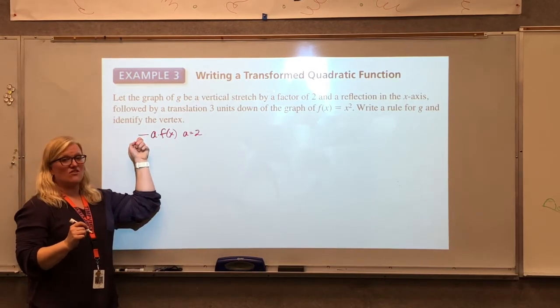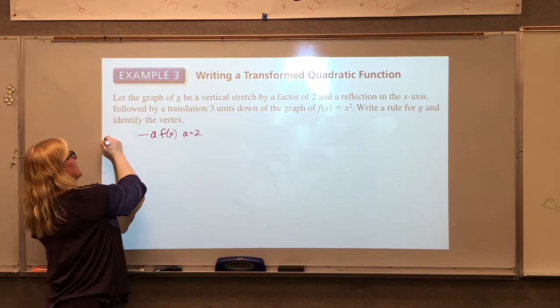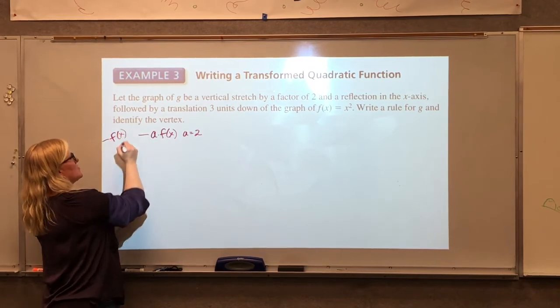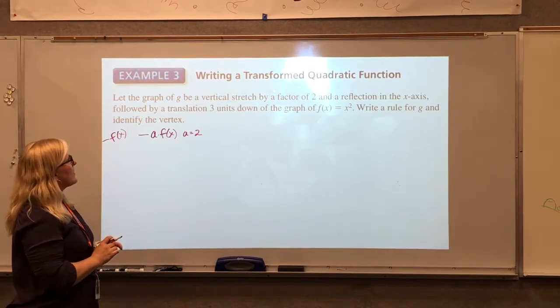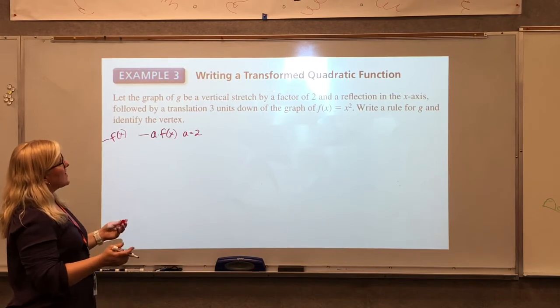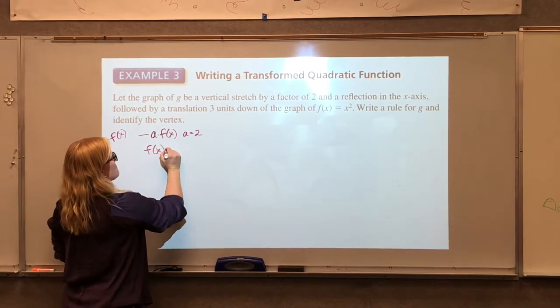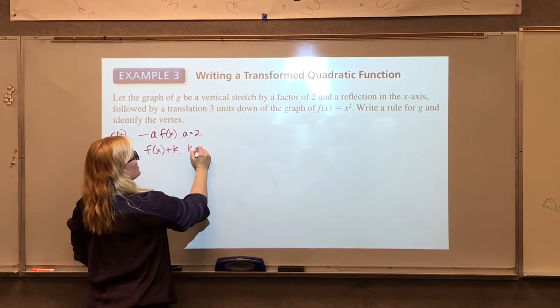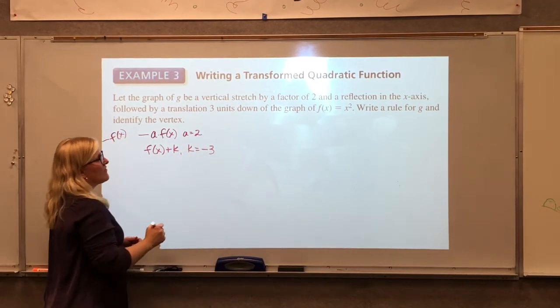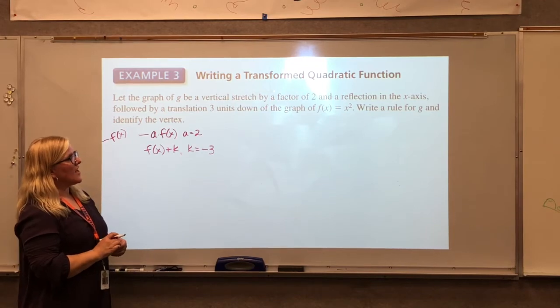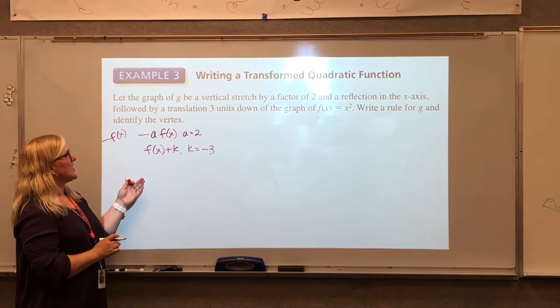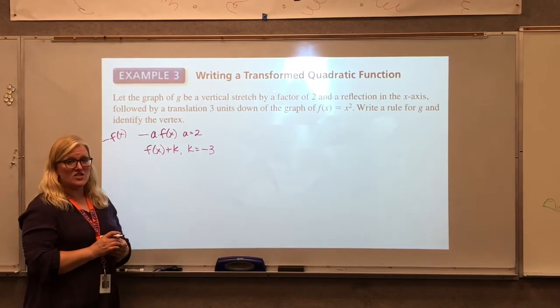I threw a negative right in front of it because I know that it's negative f of x. So I'm just going to throw it in the front right there. Followed by a translation 3 units down. So k is negative 3 of the graph of f of x equals x squared. So I need to write a rule for g and identify the vertex.